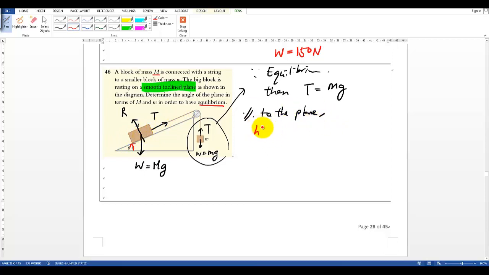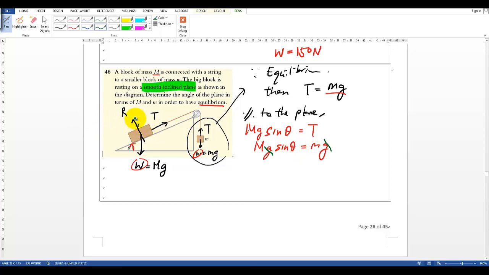So that will be W sine theta equals tension, and that means, let me express W as big Mg, because I don't want to mix up this W and this W. So big Mg sine theta equals T, which is small mg here. So we will have the g cancel out later on.